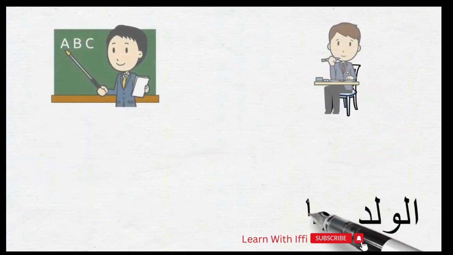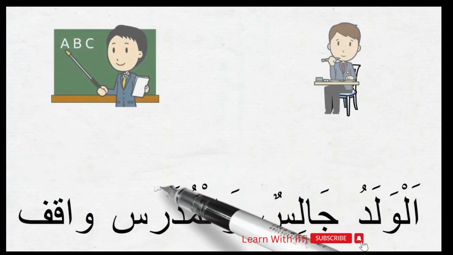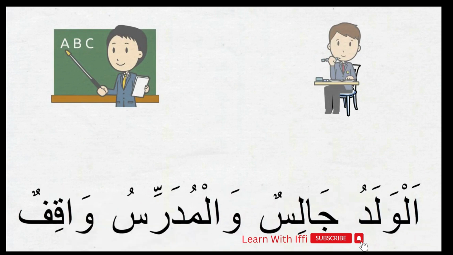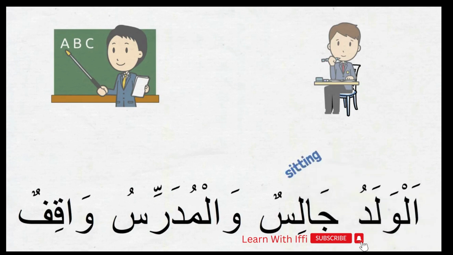Another 2 examples. Al-waladu jalisun wal-mudarrisu waqifun. The boy is sitting and the teacher is standing. Here, jalisun means someone who's sitting. Waqifun means someone who's standing. Both of these words are nouns. They are not verbs.